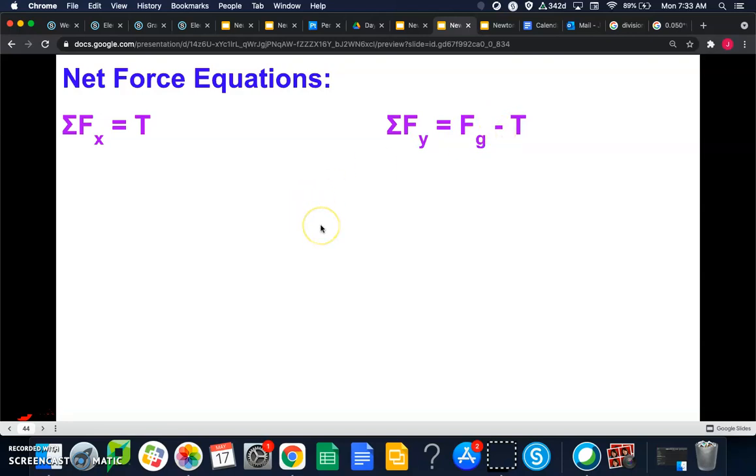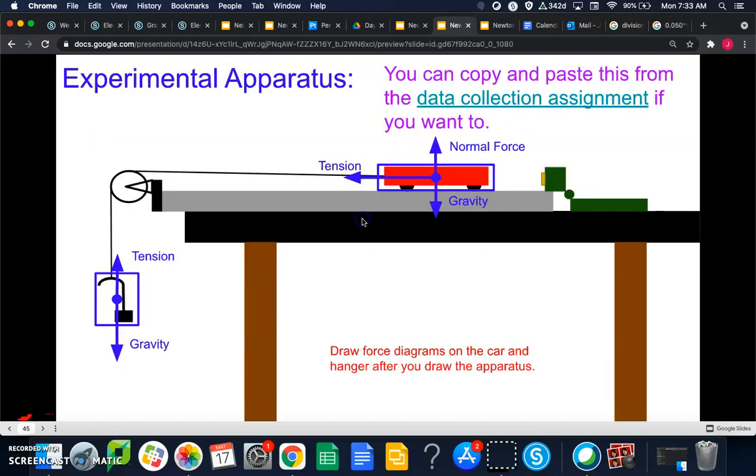Okay? And so in our next step, what we're going to be doing is setting the net force in the x direction equal to the net force in the y direction.